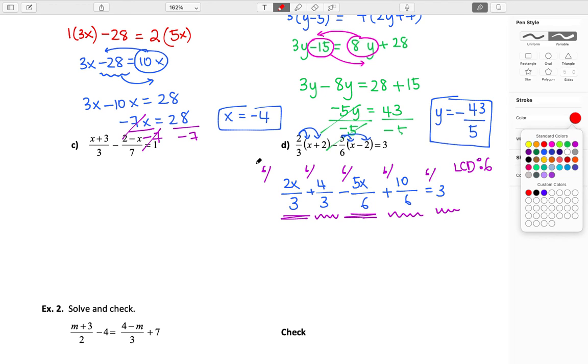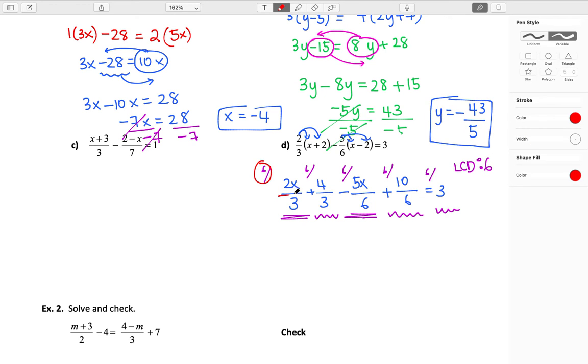So 6 divided by 3 is 2 times 2x. 6 divided by 3, again, is 2 times 4. 6 divided by 6 is 1 times 5x. And 6 divided by 6 is again 1 times 10. And there's no fraction here, so it is 6 times 3, 18.